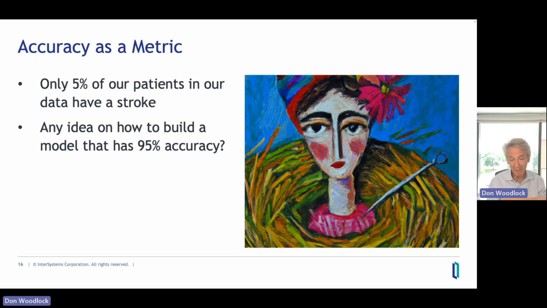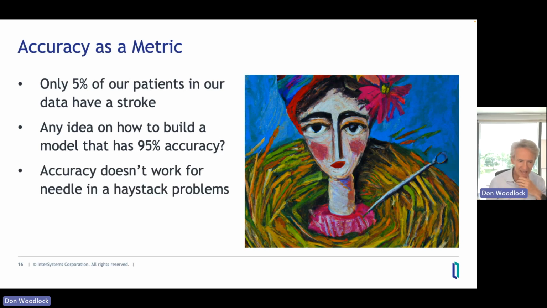You could simply predict that nobody gets a stroke, and you would get this great accuracy number. So for this reason, it is not a good metric to evaluate machine learning models of this style, by which I mean needle in a haystack style.